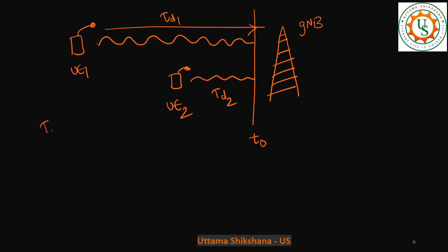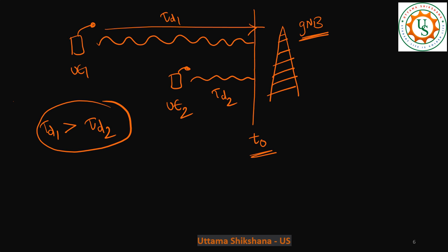So what is the relation? Tau d1 is actually greater than tau d2, right? Now we expect them to be received at T0. So what does the gNodeB do? It calculates this particular delay and informs the UE that you are having this much delay, so you should send your signal much in advance.